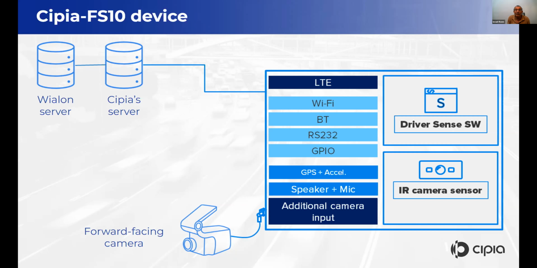Same thing with Bluetooth and Wi-Fi, which can serve as a means to communicate with the Wialon server, as well as LTE, say in cases where there is a hotspot in a bus or something like this, and then we can avoid the need to use a SIM card with the LTE.